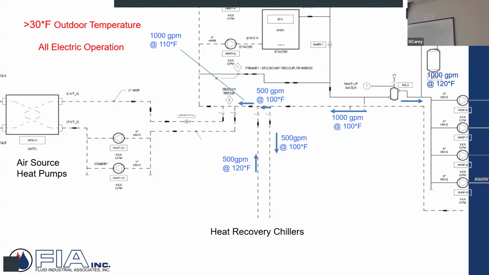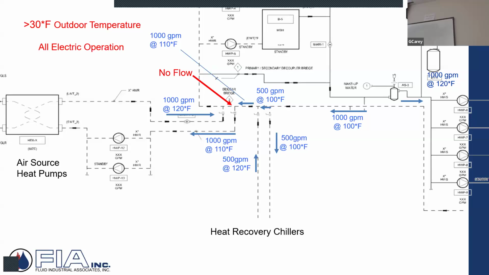And then my next source of energy could be this air source heat pump. And I have 1,000 gallons a minute of 110 moving back this way, no flow across the common, right? Because I'm back to 1,000, so I got 1,000 here.